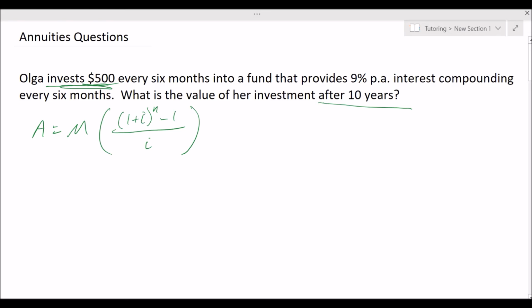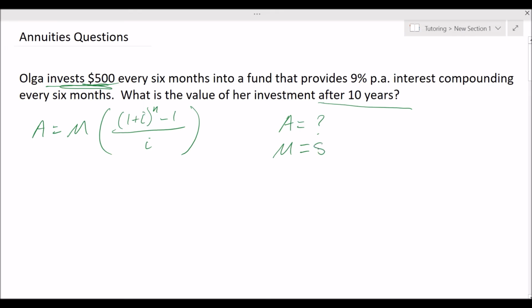So that formula there. Okay, if you picked the wrong formula when you did your question, pause the video again, have another go with the correct formula, please. Now the variable we're solving for is A.